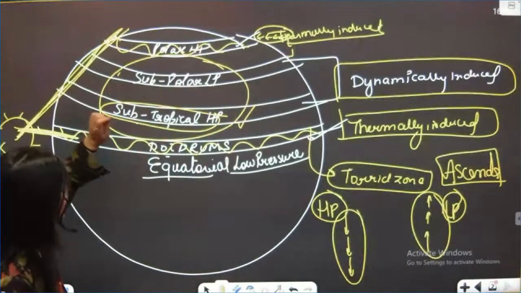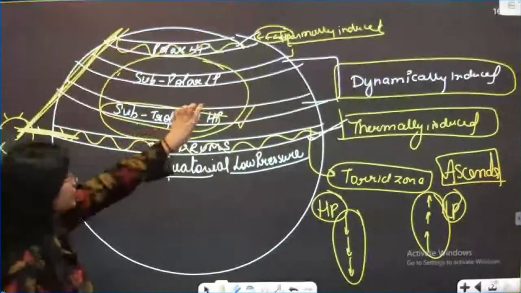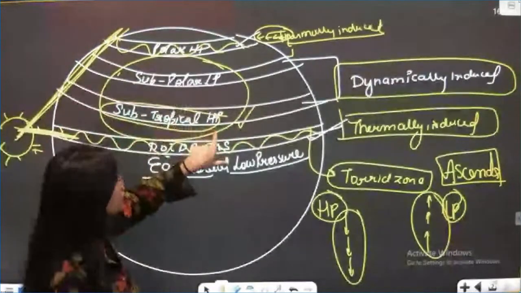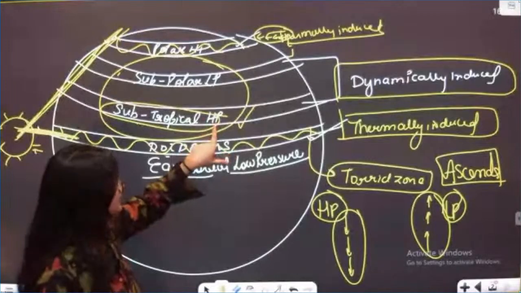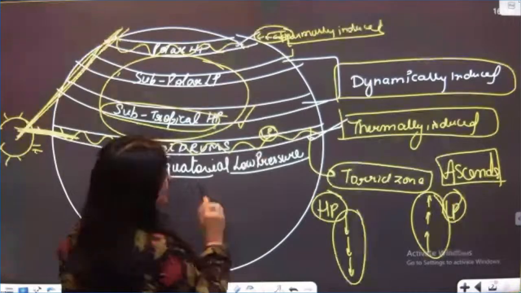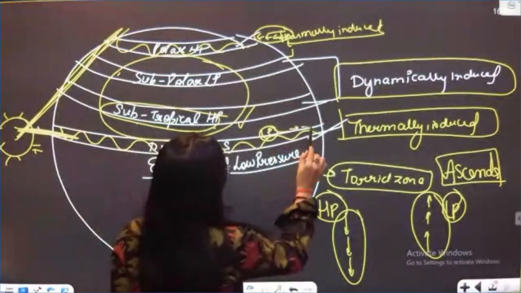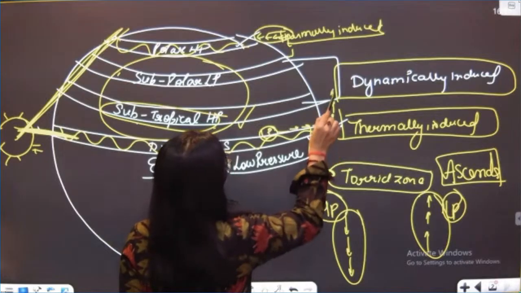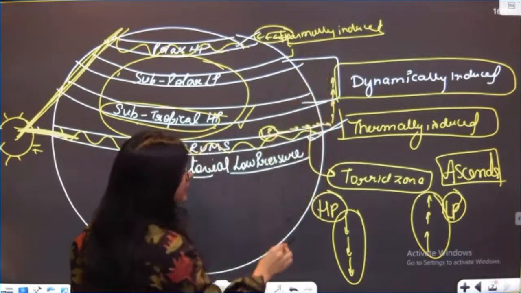Dynamically induced means these are not high pressure by virtue of the fact that sunlight is not falling here. This is because there is a low pressure here, right? And if I talk about the ascending, when the air mass is going up, when the air is flowing above, what will happen?